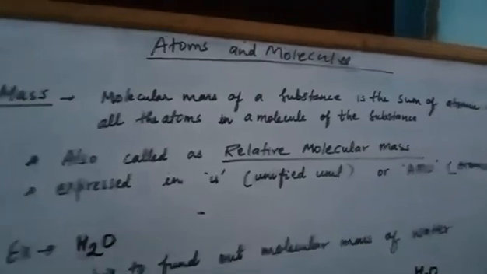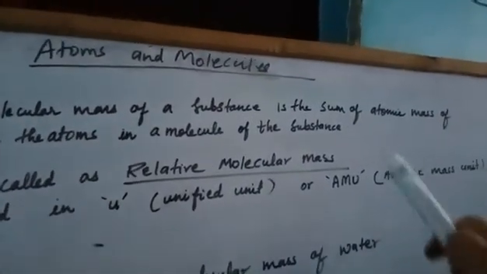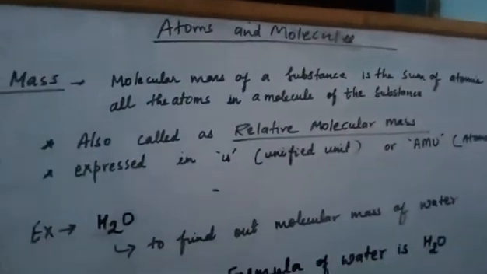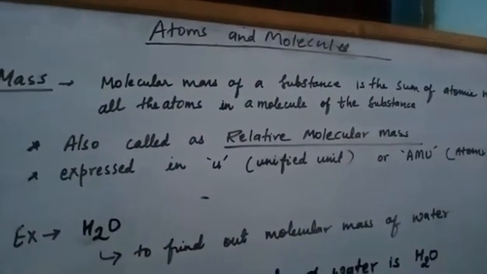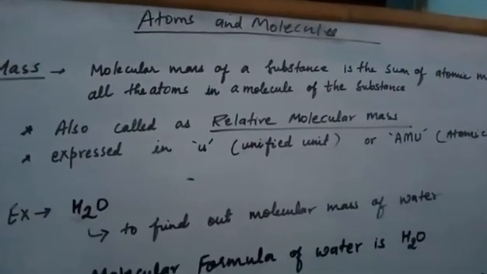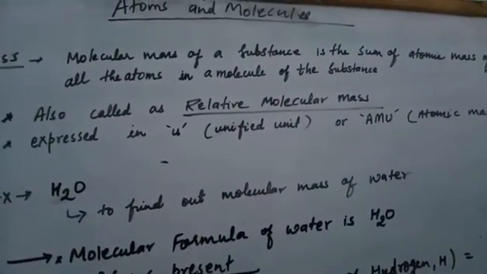So to get the mass of a molecule, we have to sum up the relative atomic mass of all the atoms. That is why whatever molecular mass we get is also a relative molecular mass only. That is why molecular mass is also called relative molecular mass.